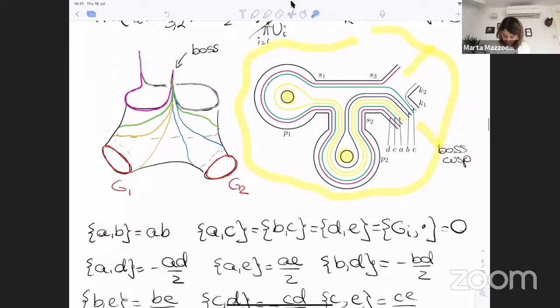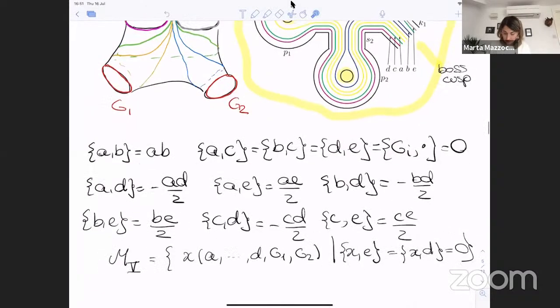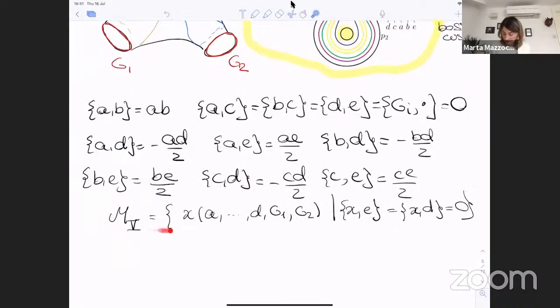Okay. And so these traces satisfy this Poisson structure, they satisfy the cluster algebra structure. And then within this object, you have a special submanifold in which you request that the functions are commuting with E and D. So I wanted to say that ED, the product, is a Casimir, but not each of them individually.